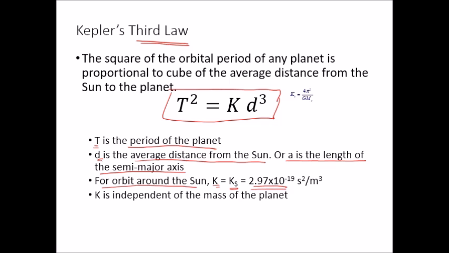This is the value: Ks is equal to 4 pi squared over G times m, where G is the gravitational constant and m is the mass of the Sun. K is independent of the mass of the planet.